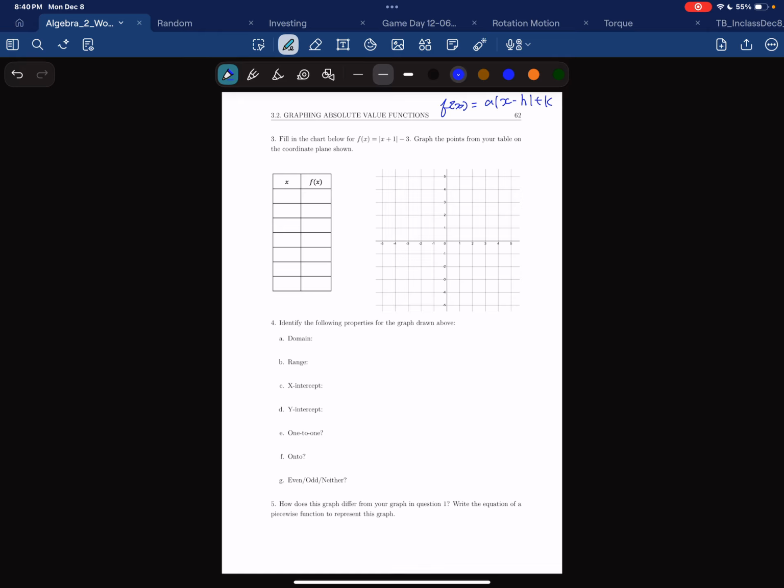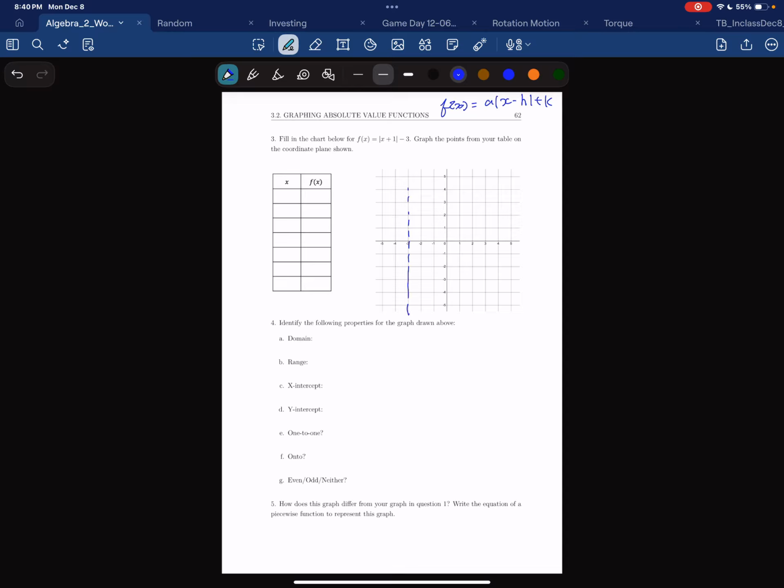Remember, all I need to know is what my K is, what my H is, and what my A is to graph my absolute value function. So what's K? K is -3. That's my y-axis, right? So I know that my vertex is at y equals -3.